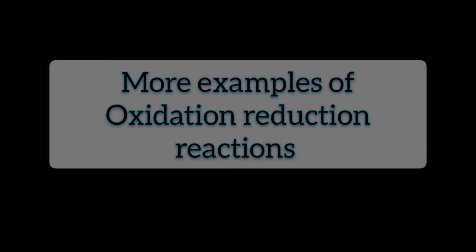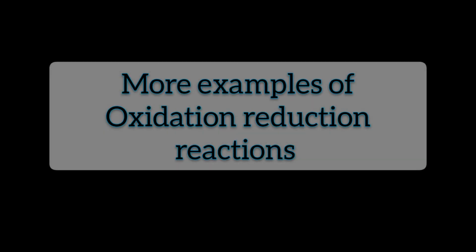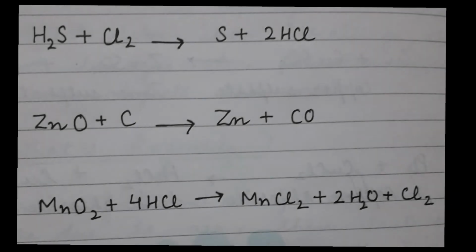Some more examples of oxidation and reduction reactions are H2S plus Cl2 gives S plus 2HCl. ZnO plus C gives Zn plus CO. MnO2 plus 4HCl gives MnCl2 plus Cl2 plus 2H2O.